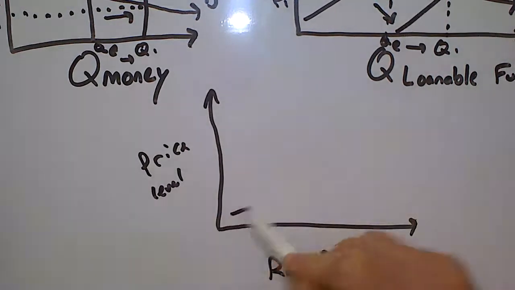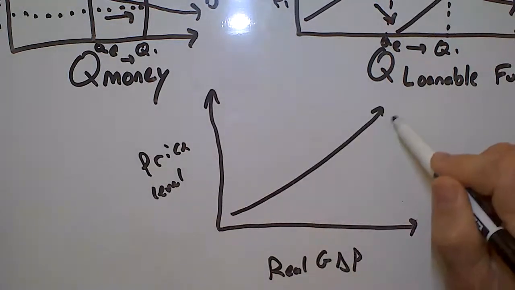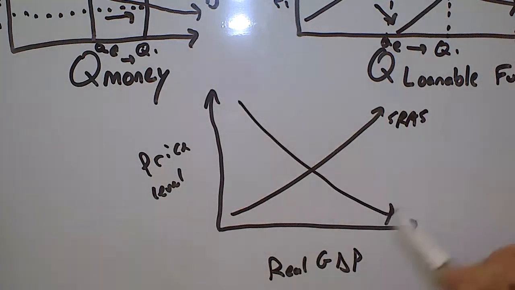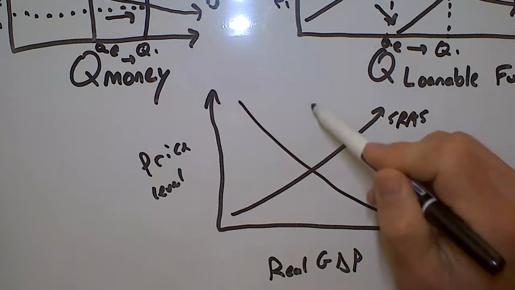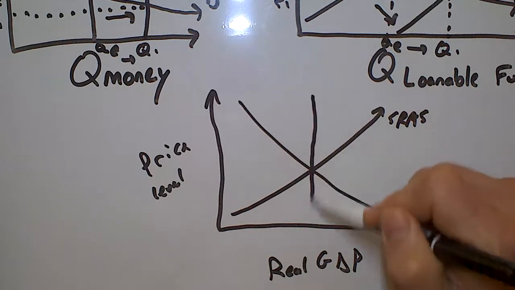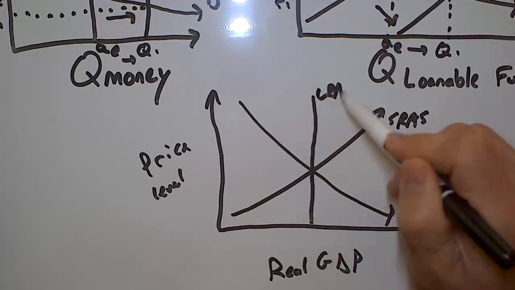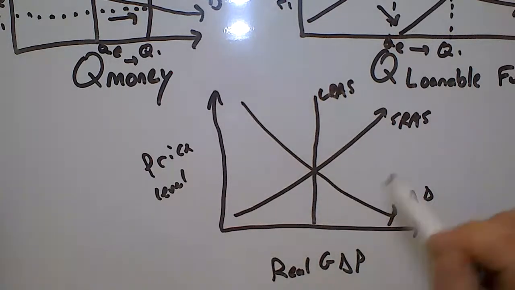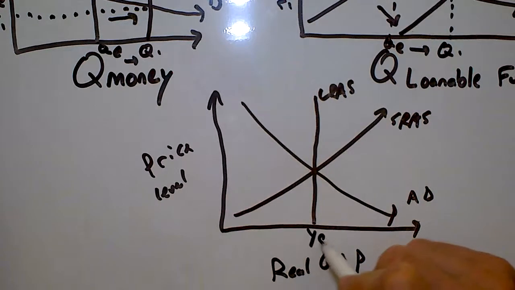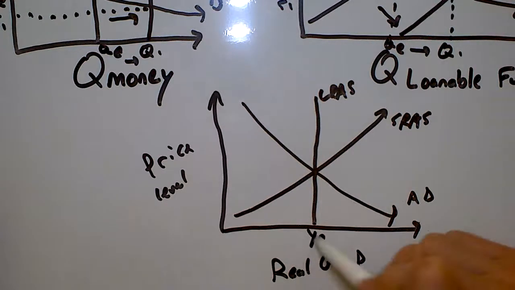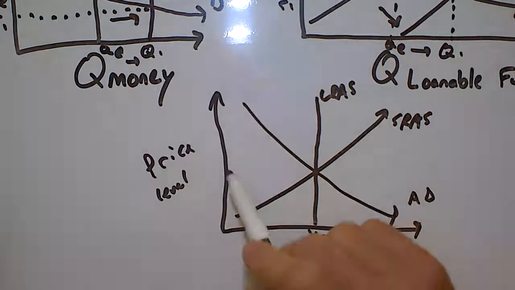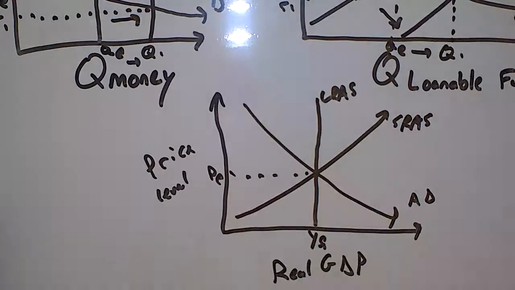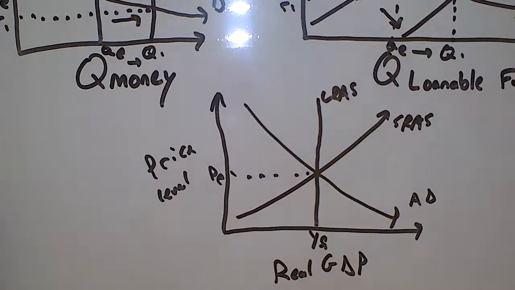We've got an upward sloping short run aggregate supply curve. We have a downward sloping aggregate demand curve. And if we were at a long run equilibrium, then we would have a vertical LRAS going through the intersection of the other two. We use Y sub F here to say real GDP at the full employment level of output, and maybe a P sub E.